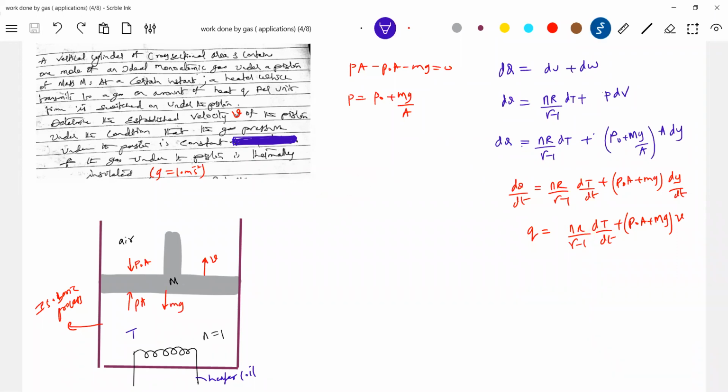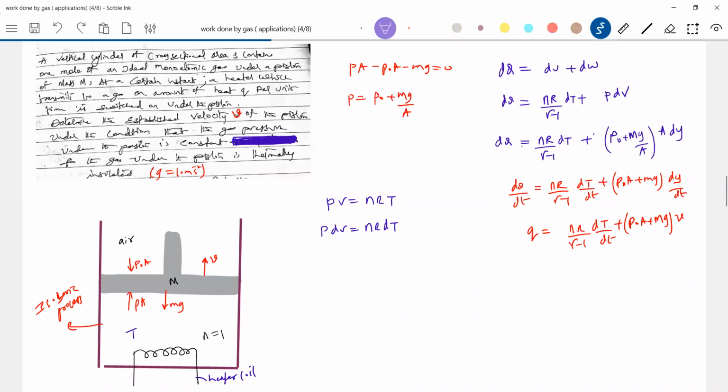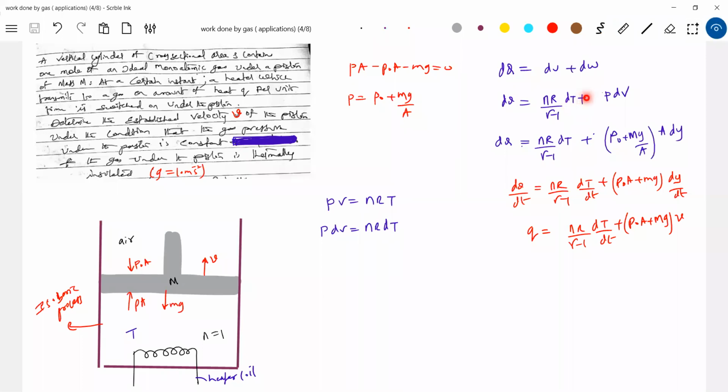Let's write PV equals nRT, pressure constant. Agree? Therefore, in place of dT, what shall I write? P dV by nR, since pressure is constant. I should have done that replacement here only, so that I could have proceeded very easily.